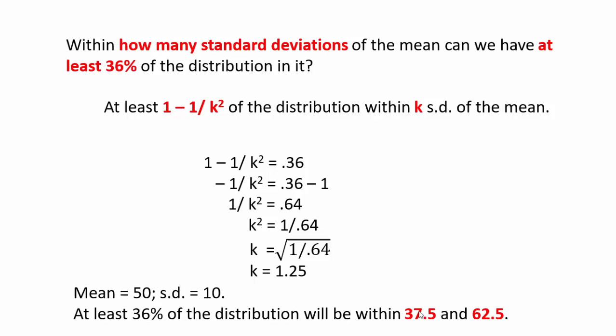So that's 37.5 and 62.5. How can we get this? That's the mean minus 1.25 standard deviations, so that's to the left of the mean, and also 1.25 standard deviations to the right of the mean. So in that range, within 1.25 standard deviations of the mean, we have at least 36% of the distribution.